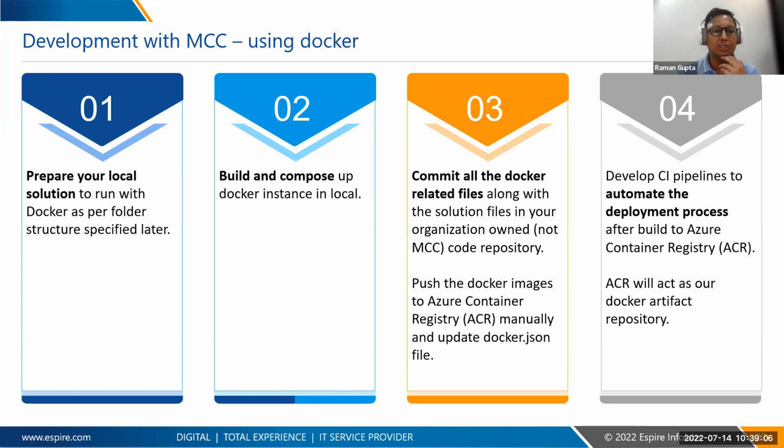Then the next step is to build and compose the Docker instance in our local. Using those Docker folder structure related files, we have to build the Docker images and compose up in our local instance. And then the third step is to commit all these related files.